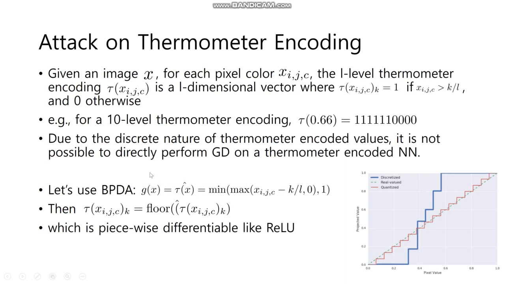And then the original L-level thermometer encoding function tau can be expressed like this, using tau hat, which is now piecewise differentiable like ReLU. Then in the forward pass, we just use thermometer encoding, and in the backward pass, when we want to apply gradient ascent on the input image, we can differentiate this function.